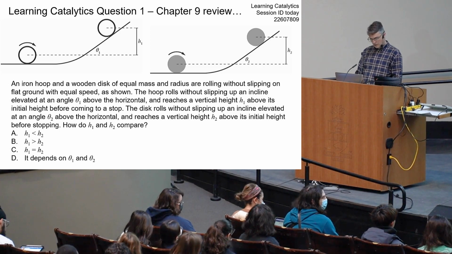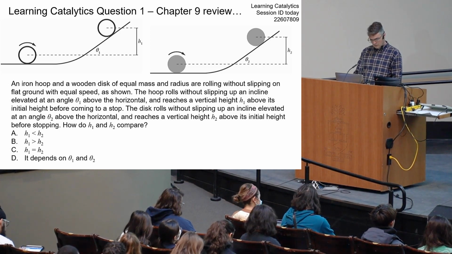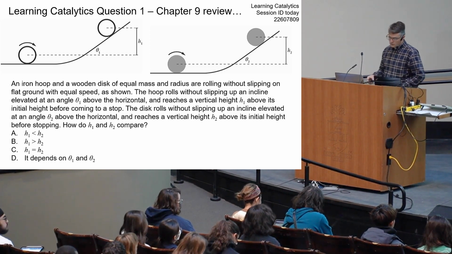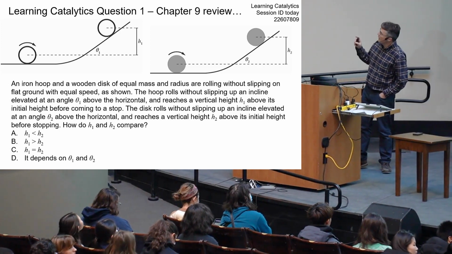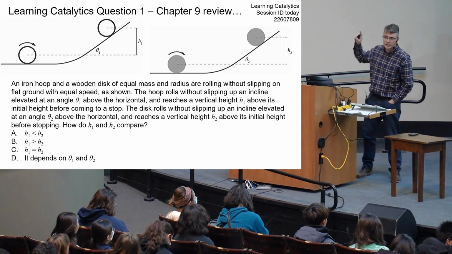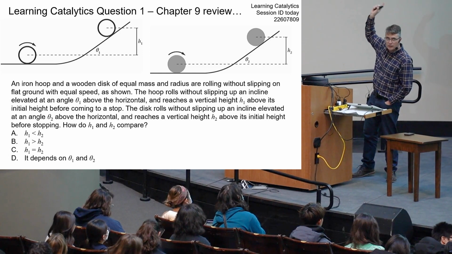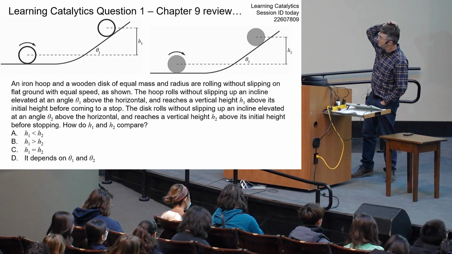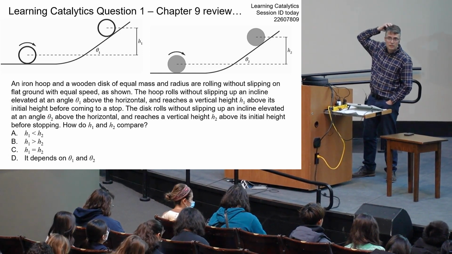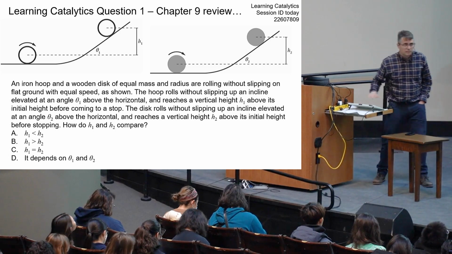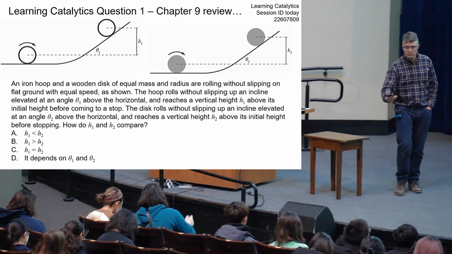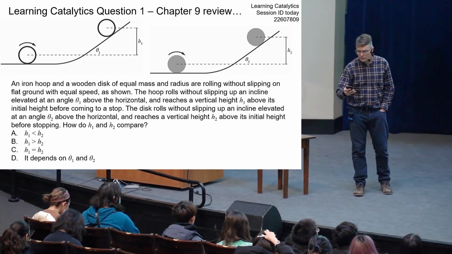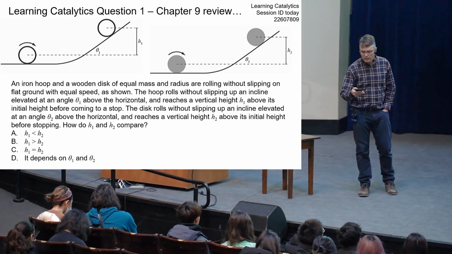I don't know if I can change that at this point. So on your screen, A is a typo, but just use what's on the front here. What I meant there is h1 is less than h2. Okay, so please discuss, pair up, see if you agree with your neighbor. I'll give you 1 minute.